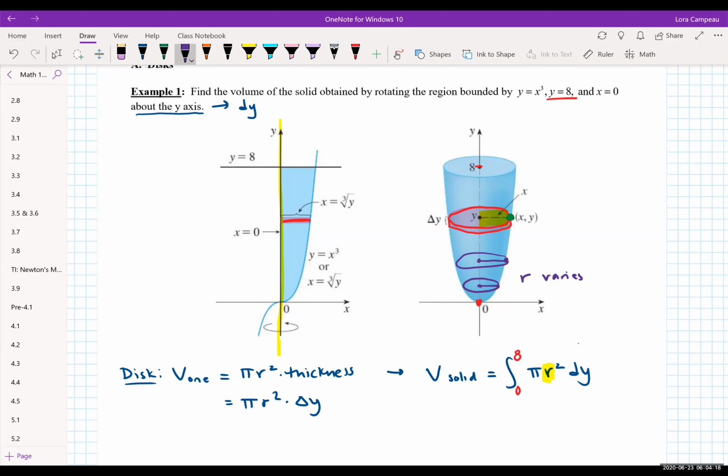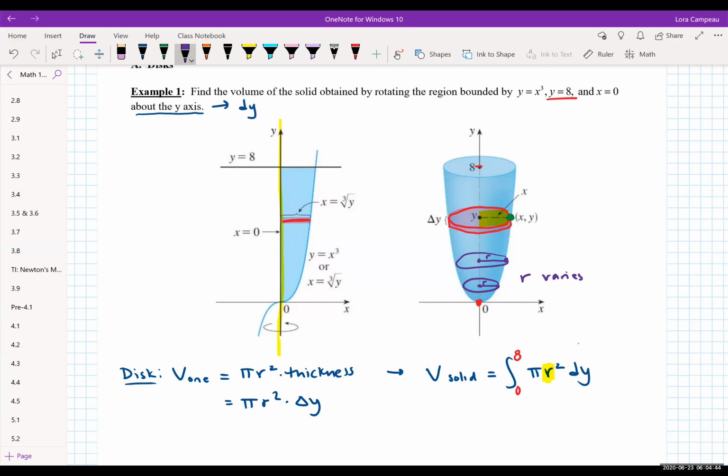I'll plant that seed in your mind so that we can think about this when we get into shells. As you move along the solid, towards the lower end your R is smaller, and when you get to the higher end your R is getting longer. That's going to help us understand what's happening, since R is varying and not just a constant the whole way through.